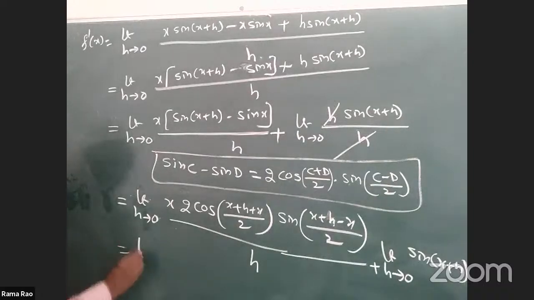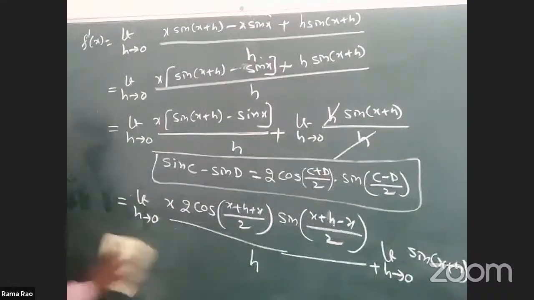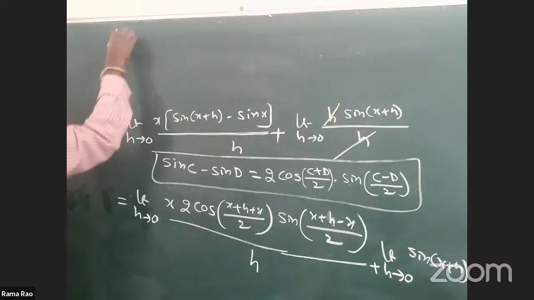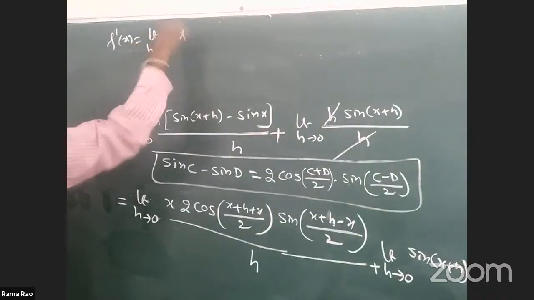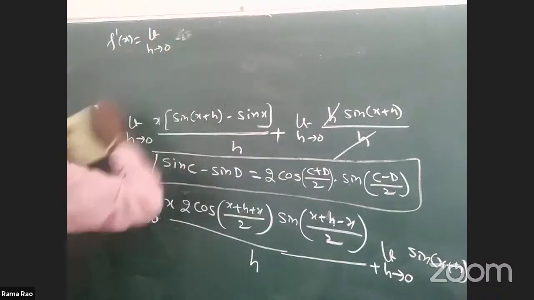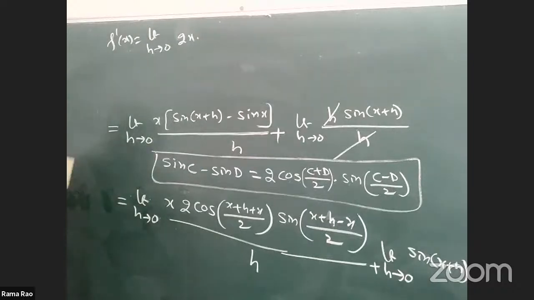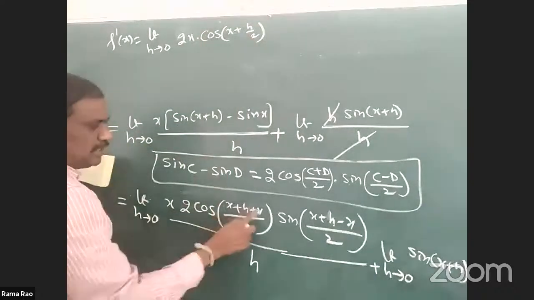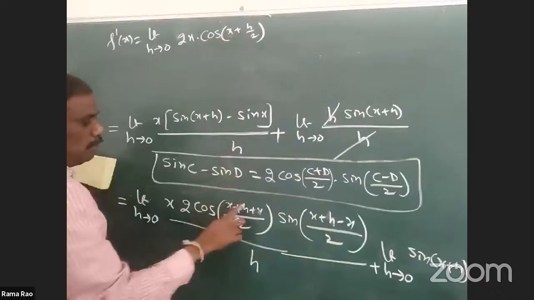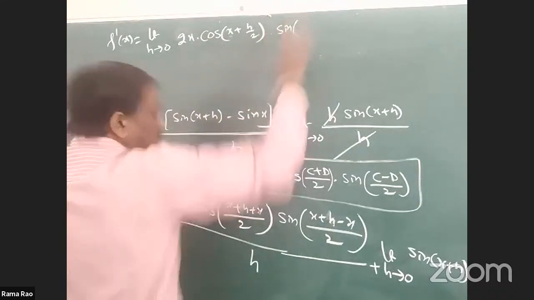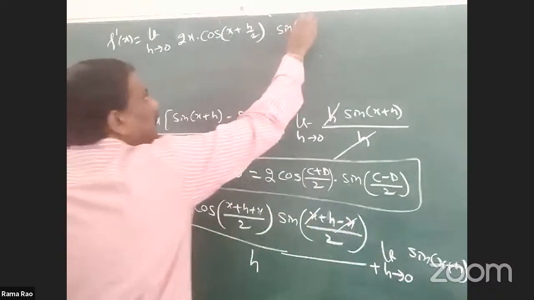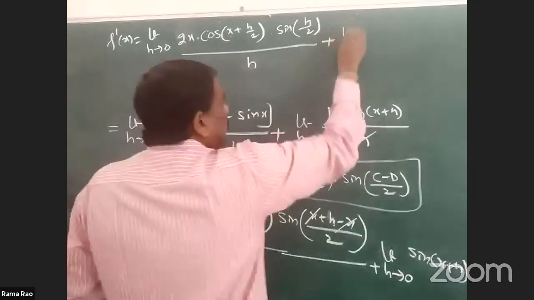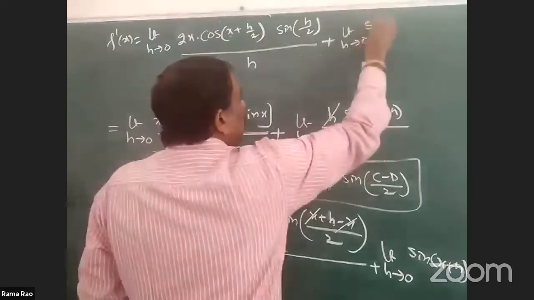Now this is equal to limit h tends to 0, x into 2 cos of x plus h plus x, 2x by 2, means x plus h by 2, into sin of minus x plus x gets cancelled, remaining h by 2, by h, plus limit h tends to 0 sin of x plus h.